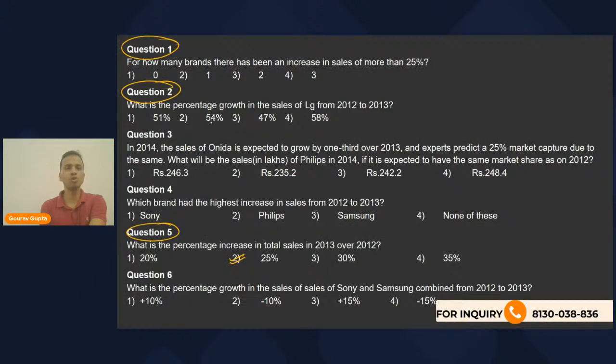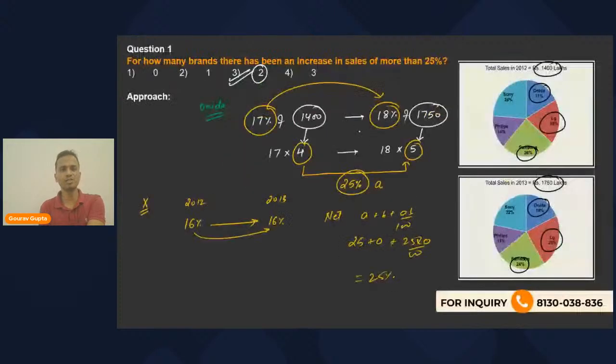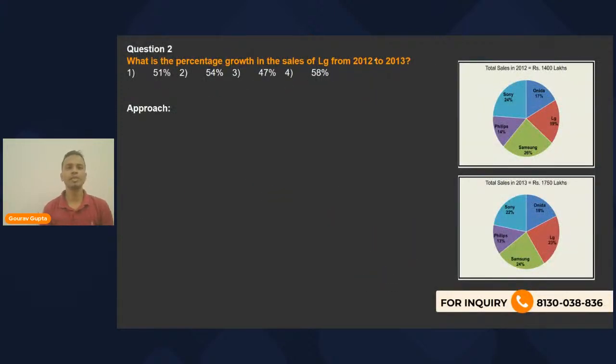Now, question number 2: what is the percentage growth in sales of LG? So let's look at question number 2, percentage growth in the sales of LG. LG originally was 19%, and now has become 23%. I'll give you both the methods of doing this. So I can say that 19% of 1400, 23% of 1750.